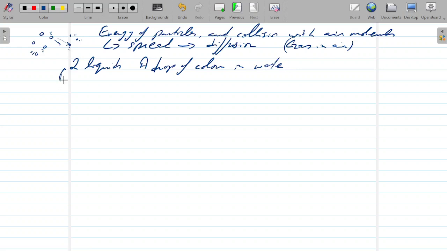You can have a liquid and gas. For example, mixing oxygen in water. Why would we want to mix oxygen in water? Or, for example, mixing carbon dioxide in water. So let's do CO2 in water.